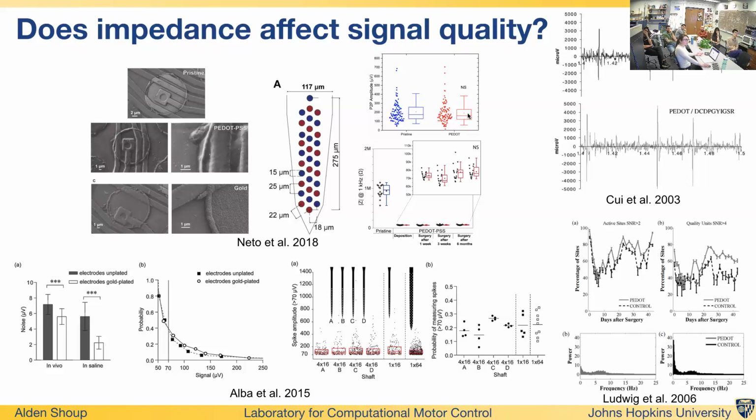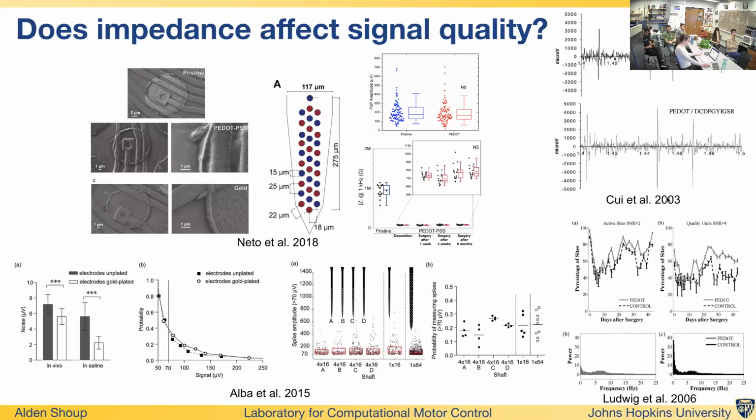So here, no difference in peak-to-peak amplitude, but there was a difference in uncoated versus coated when measuring impedance in saline or in the brain. And so this one says kind of not really.